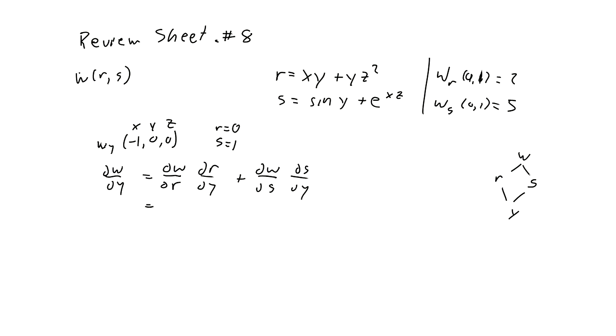So this is going to be the derivative of W with respect to R. I'm just going to use my other notation here. Plus, times the derivative of R with respect to Y. The derivative of R with respect to Y is x plus z squared.